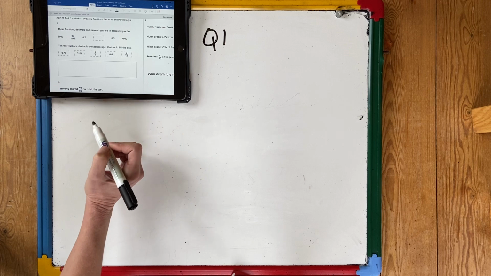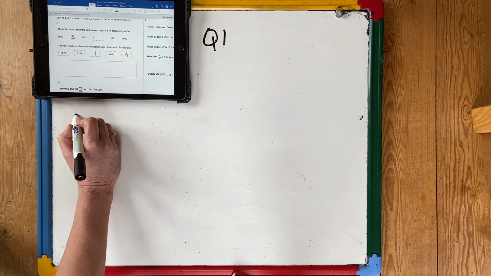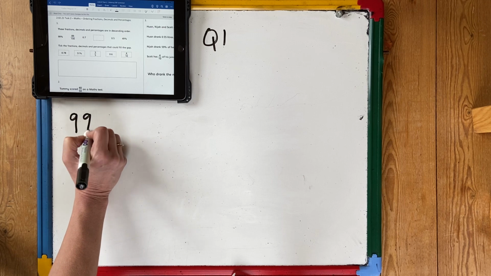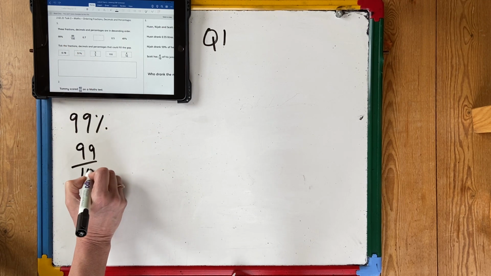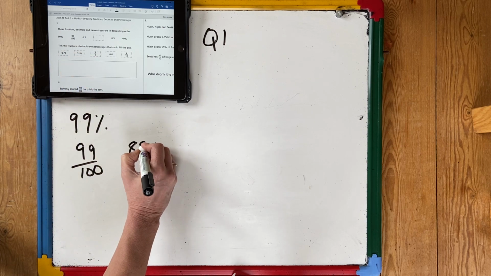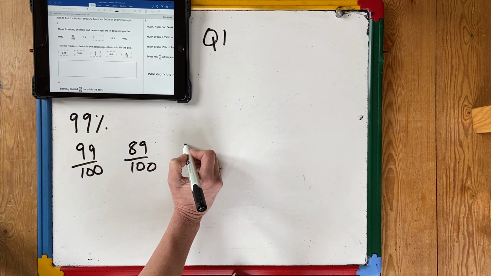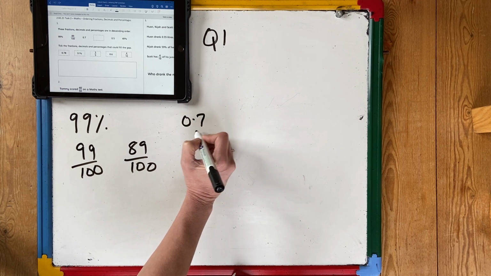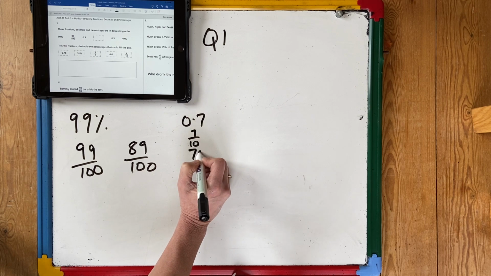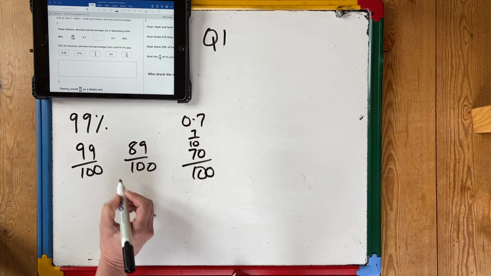So, descending order. You've got 99% first, which is the equivalent of 99 hundredths. Then you've got 89 hundredths, and then you've got 0.7, which is the equivalent of 7/10 or 70 hundredths.